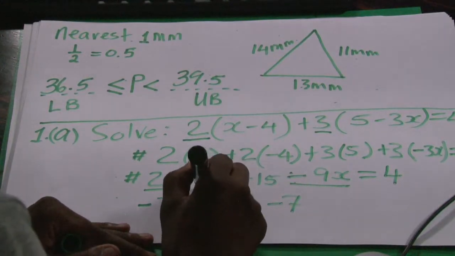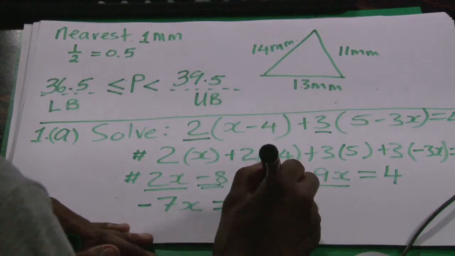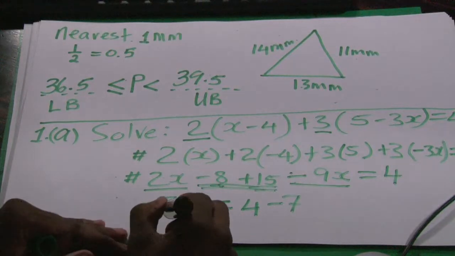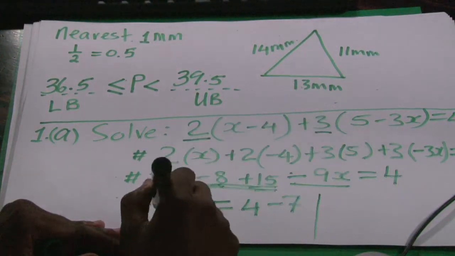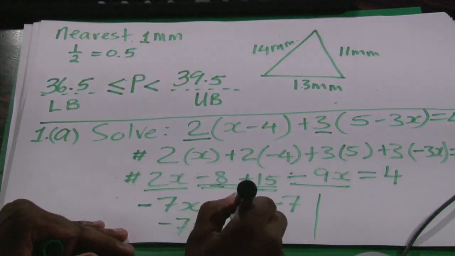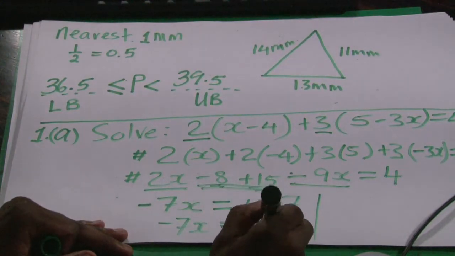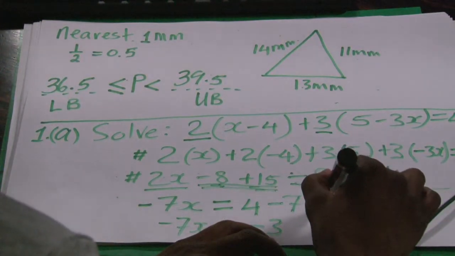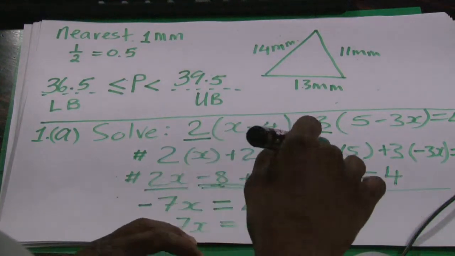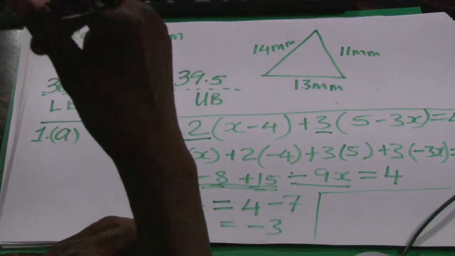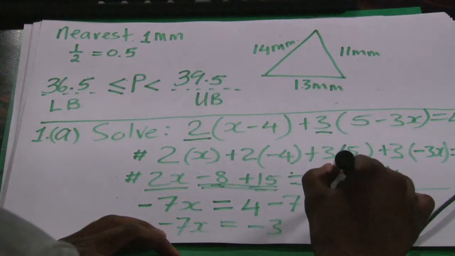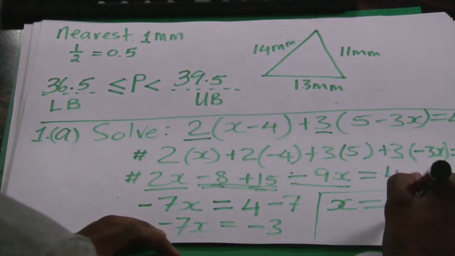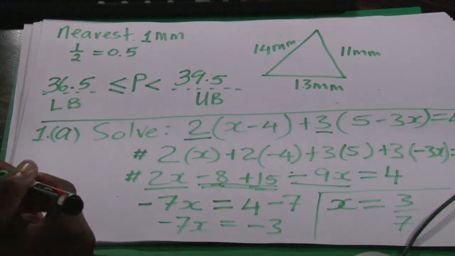At the end of the day, we'll have negative 7x equals negative 3. You have to divide both sides by negative 7. So the answer that you get is x is equal to 3 over 7. Alright, that's what you get.